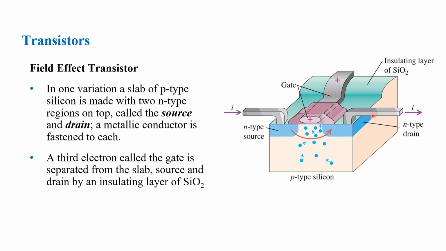A metallic conductor is fastened to each. A third electrode called the gate is separated from the slab, the source, and the drain by an insulating layer of silicon dioxide. So this is a schematic diagram of your field effect transistor.